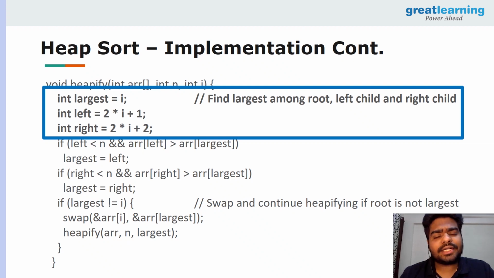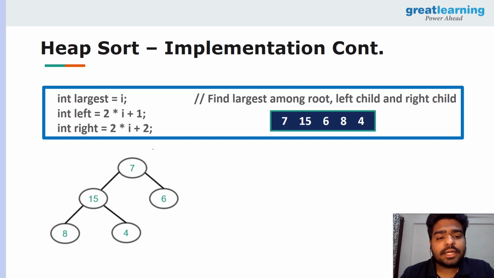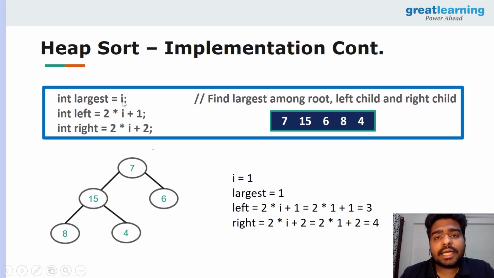Okay, let's do it very slowly and precisely. Let's not rush it, right? So let's understand only this portion first. We will see the rest of the code after this. I hope you remember that we are first taking I equal to 1, right? So when we take I equal to 1, does that mean largest equal to I, so the largest value will become 1?